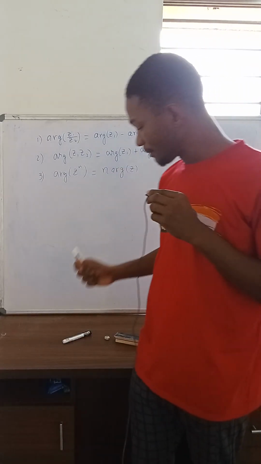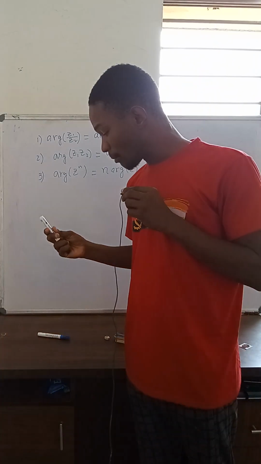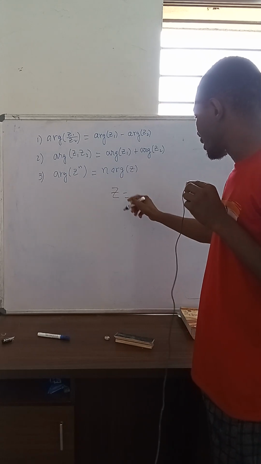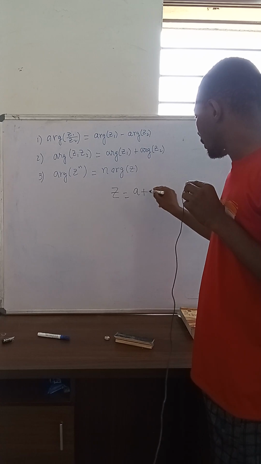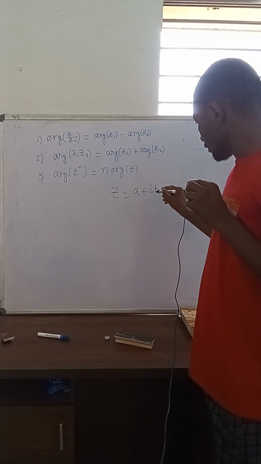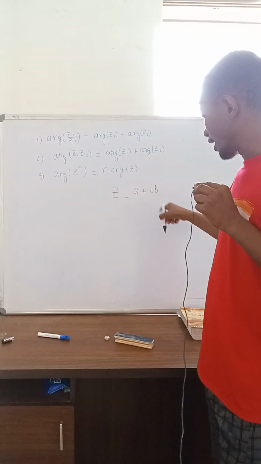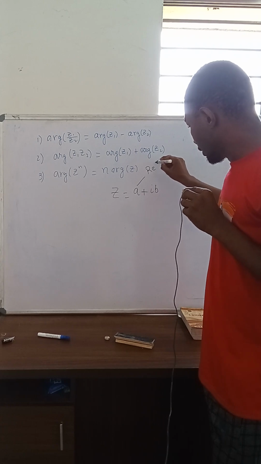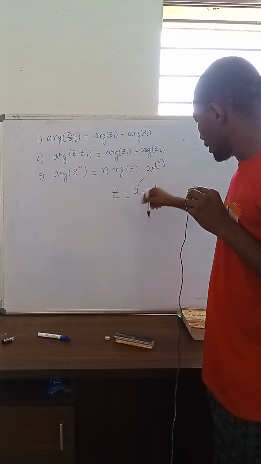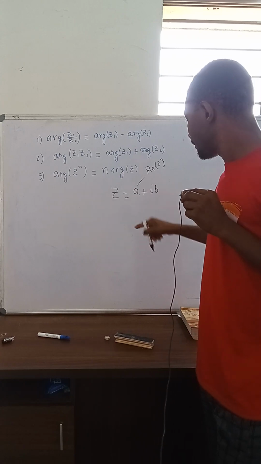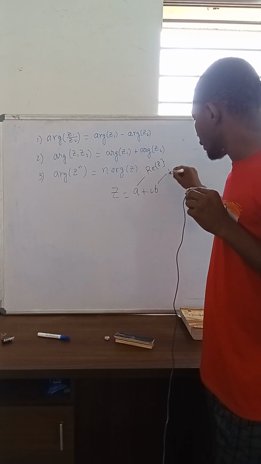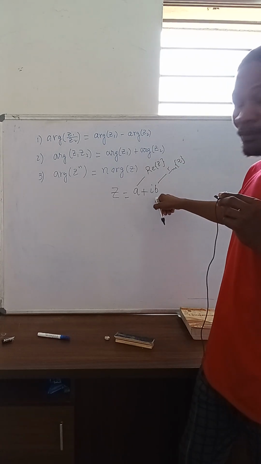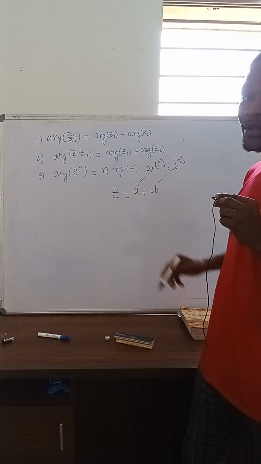So we know that any complex number is a number that can be written in this form: z is equal to a plus ib, where this a is the real part of z, and this b is the imaginary part of z.